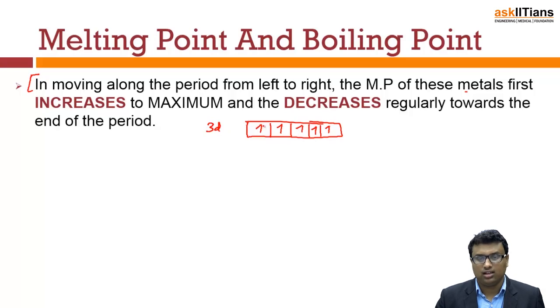But as you go to the higher elements, from the configuration 3d5 to 3d6, pairing takes place. As soon as the pairing takes place, the number of unpaired electrons in the d orbital decreases. If it decreases, your melting and boiling points decrease because of the decrease in the metallic bond.